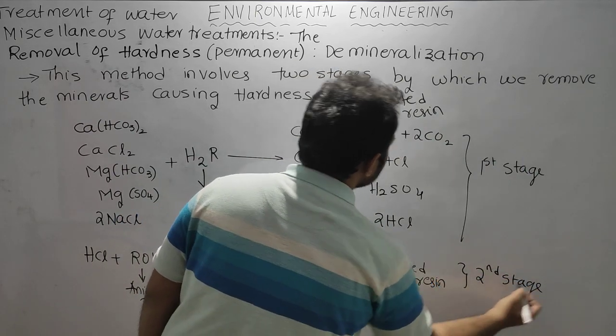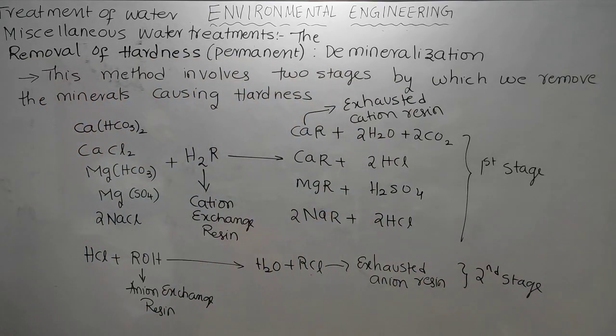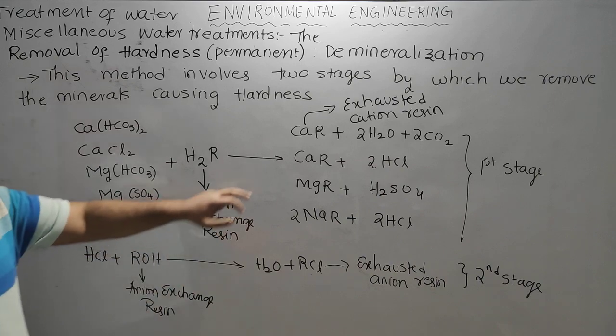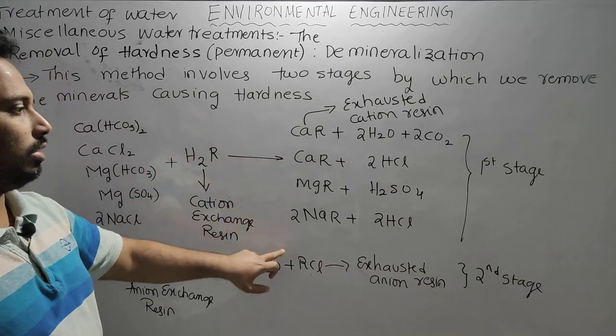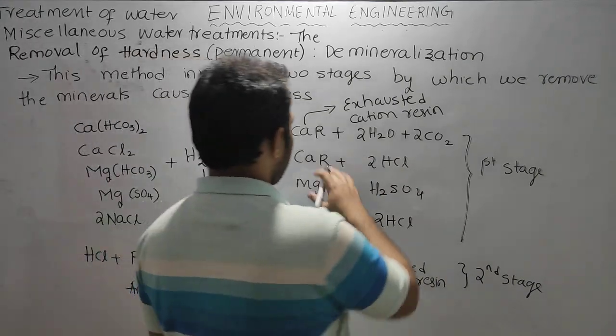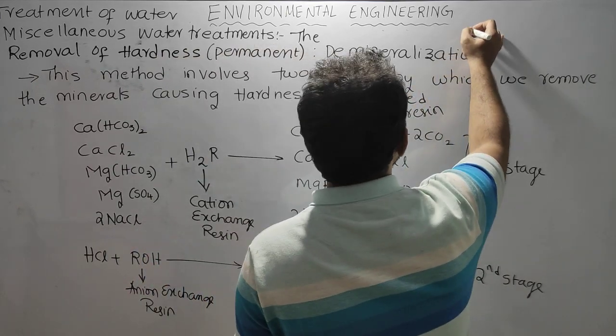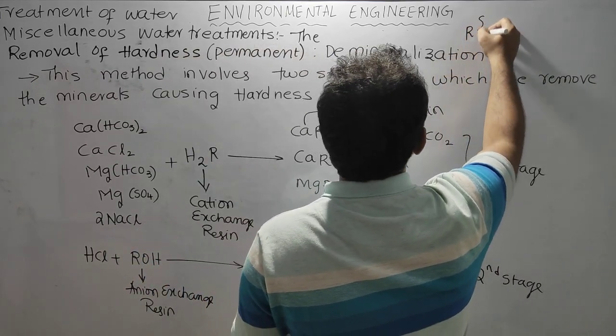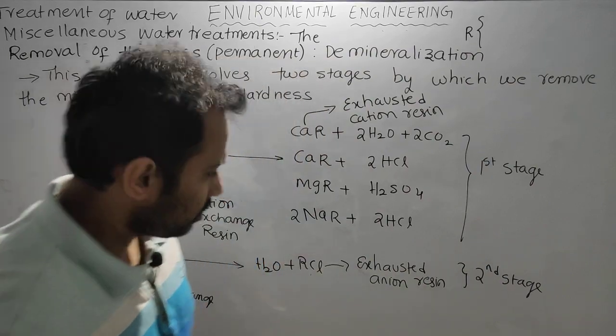Once these resins are exhausted completely, we need to regenerate them again in order to use this method. The exhausted cation exchange resins can be regenerated by treating them with HCl.